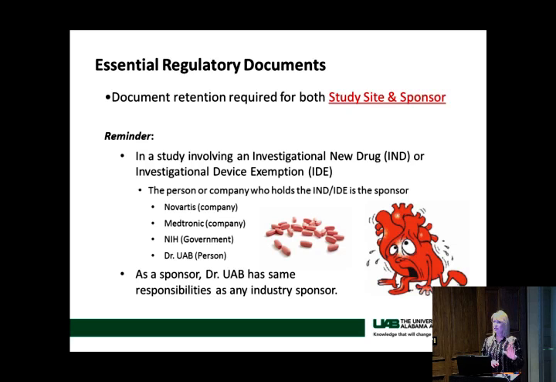Those eCRFs are essential documents. They don't stay in the regulatory binder or the regulatory file. The signed contract with the sponsor does not go into our regulatory file. We keep that somewhere else. All these documents go together when we get ready to put things up for the trial and file everything away. But it depends on your group and how you work. If you have a one-stop shop study coordinator, you're probably going to have it all together in one binder. There's no certain way to do it. Just have an SOP for how you're going to keep your essential documents.